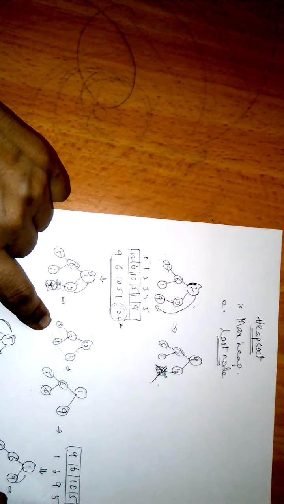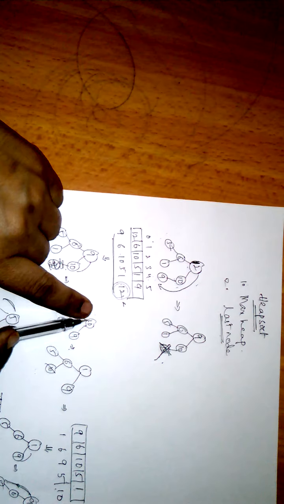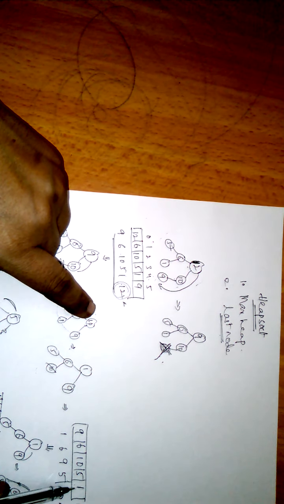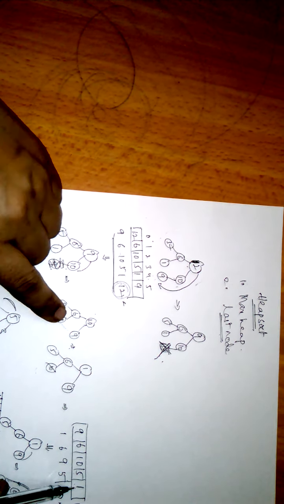Where should the 9 be? 9 should be here. First we swap 10 and 9. Now where should this 10 be? 10 should be in this position. So where is 1? Here. Then what you will do?